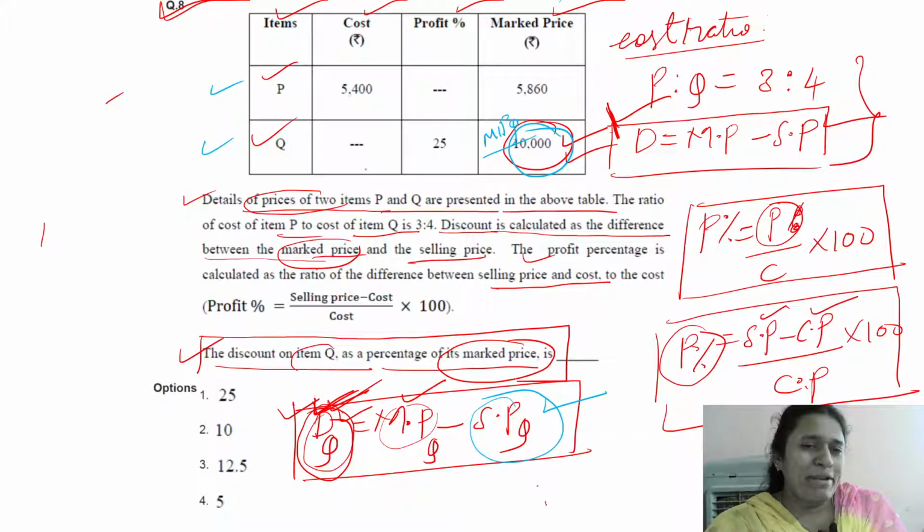The table is incomplete, right? We will try to fill the table first. If we find the cost price of item Q, and the profit percentage is already given, then we can easily find the selling price of item Q. By using the given data, we will find the selling price first. Okay, I will solve on the next page.